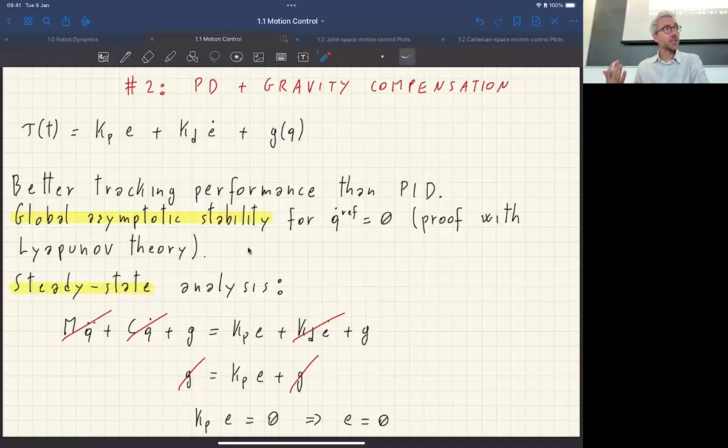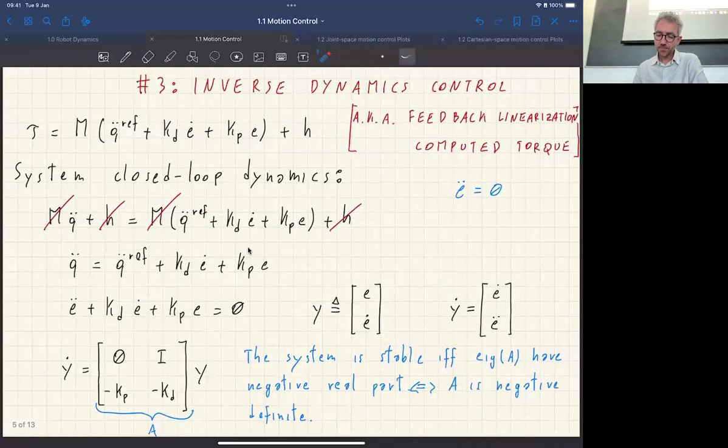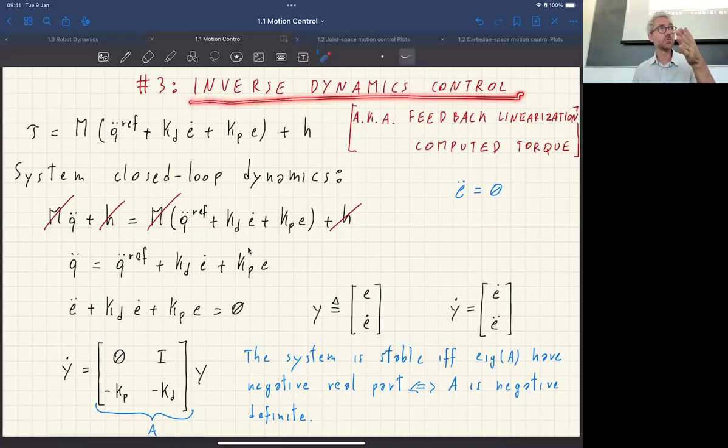We can do even better if we want to achieve higher performance. And to do better, we need to use the whole model of the robot. If we do that, we get a controller which has many different names. The one I use is inverse dynamics control, but it's also known as feedback linearization or computed torque control.